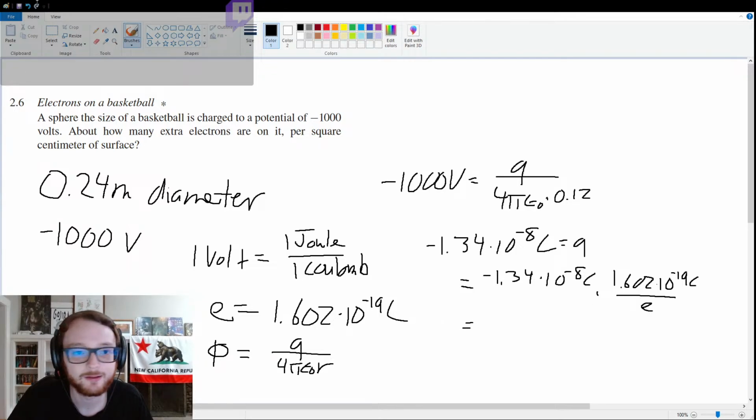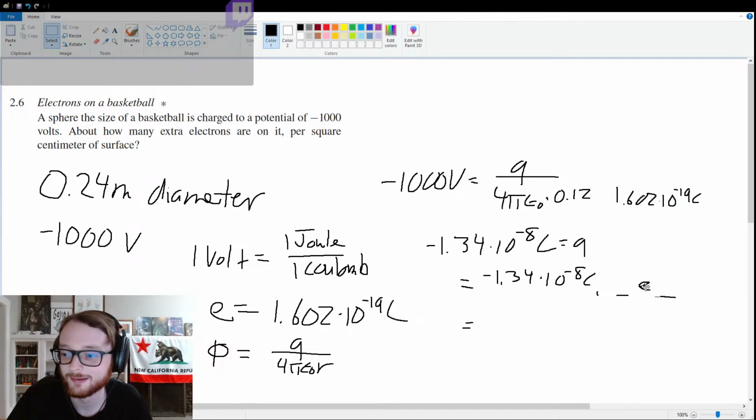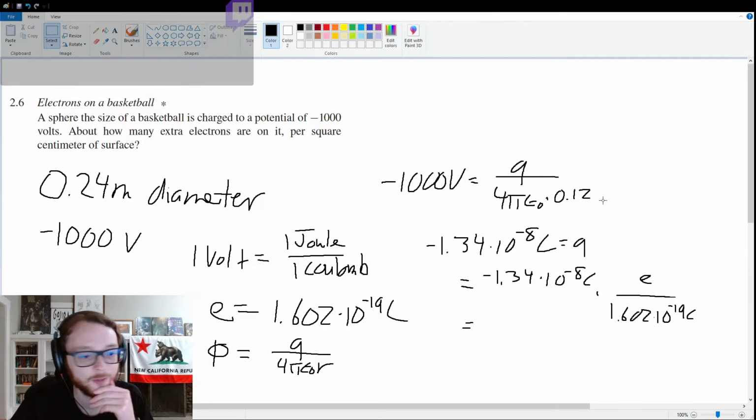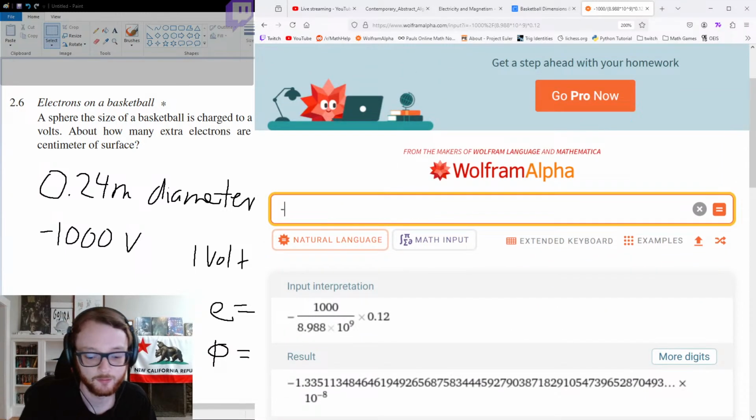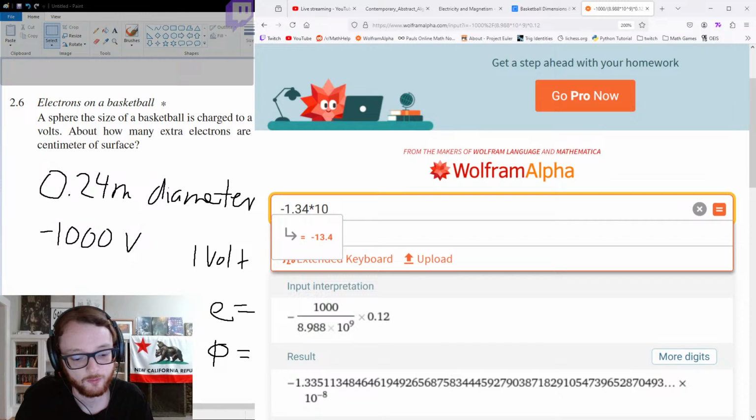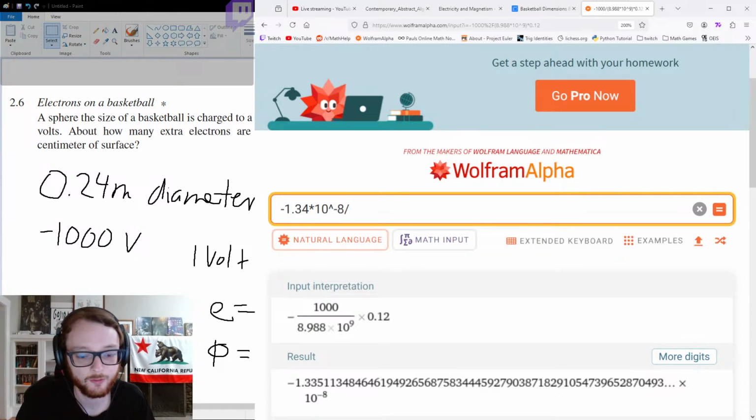So, I did the exact opposite of what I should do. Okay, so let's plug that in. 1.34 times 10 to the minus 8 over 1.602 times 10 to the minus 19.